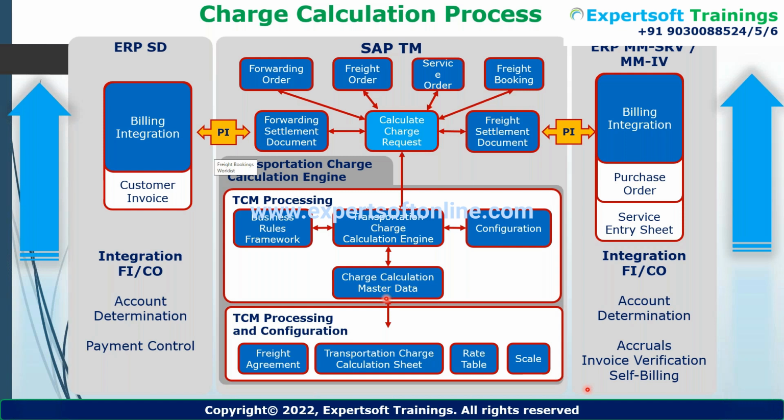We will be talking tons and tons of information in this particular context, how SD and then MM work. When you are working for a customer and serving a customer as an LSP, normally we will have a billing integration for creating a sales document, because we need to have billing information.